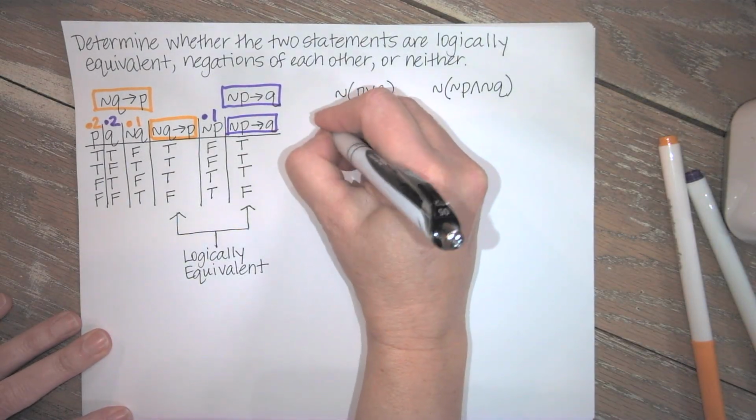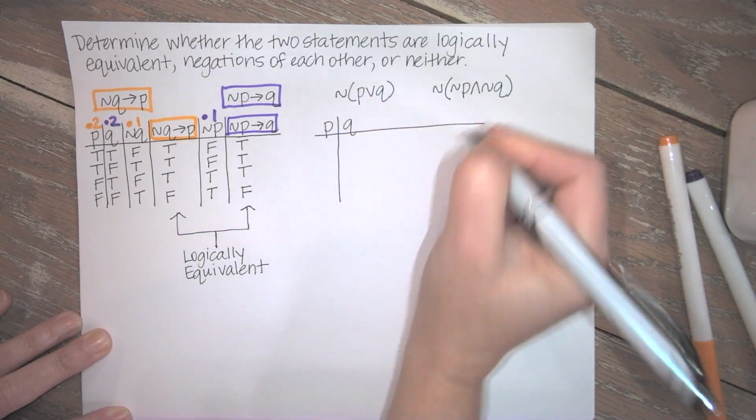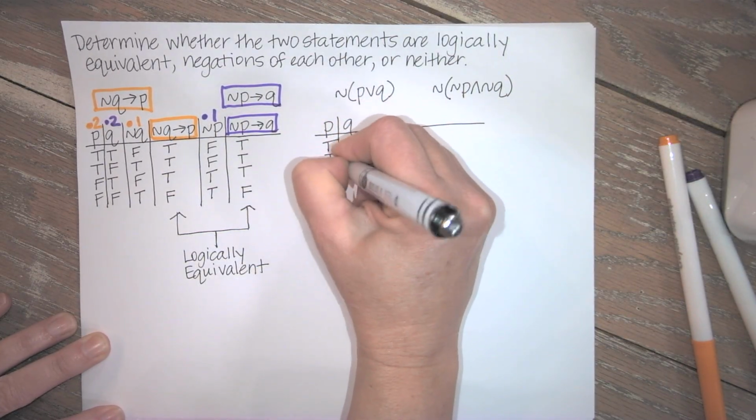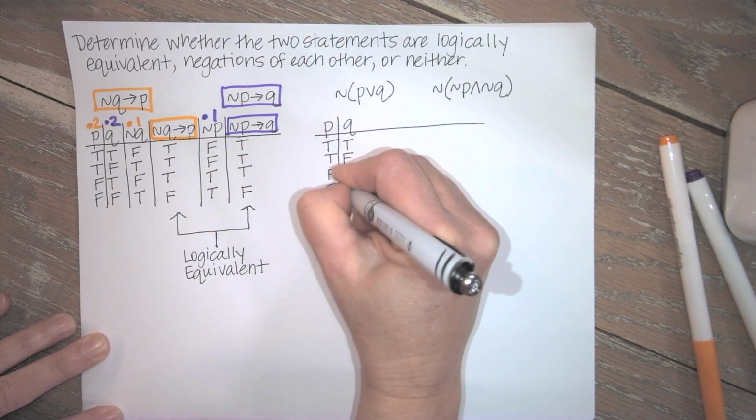Let's get it started with the same four possibilities for P and Q. True, true, true, false, false, true, false, false.